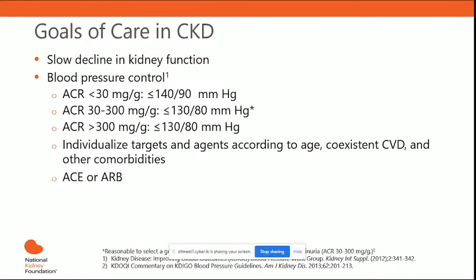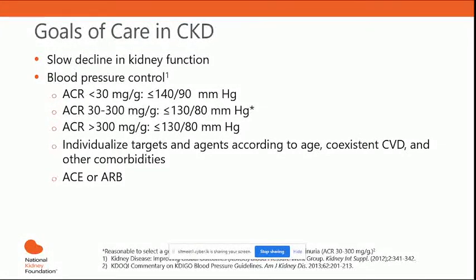So how do we manage a patient with chronic kidney disease? The main aim of the management of CKD is slowing or stopping the decline of kidney function. In order to do that, blood pressure control is very important. The blood pressure target varies depending on the albumin to creatinine ratio.